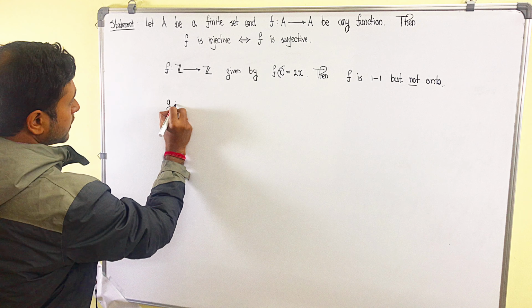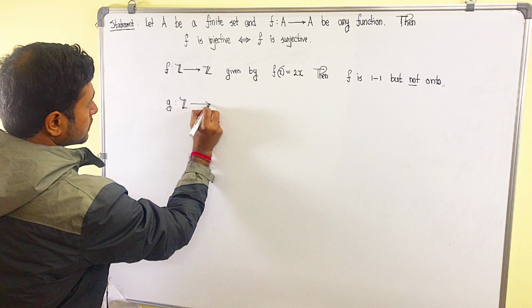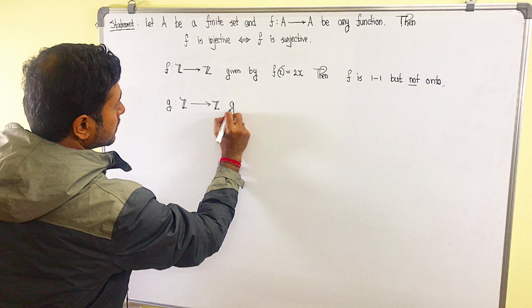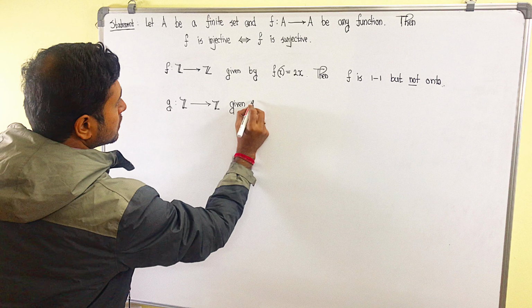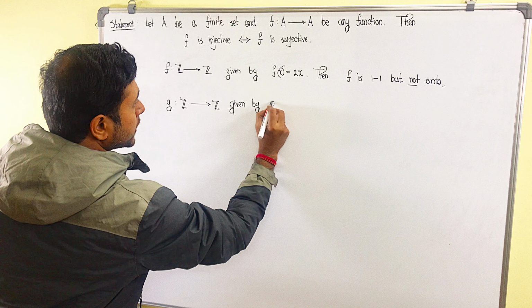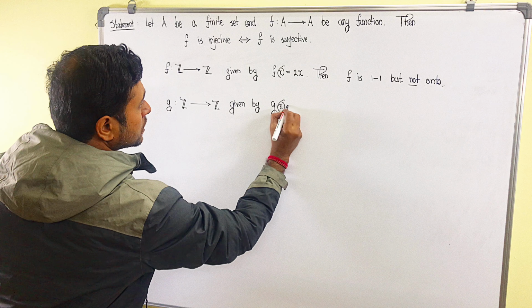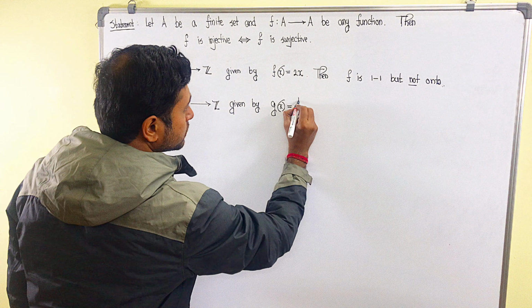Now let's take this example. Let's take this function g of x equals floor of x upon 2.